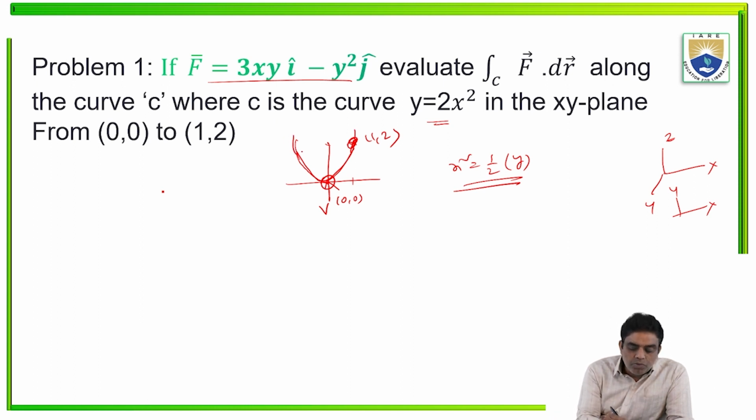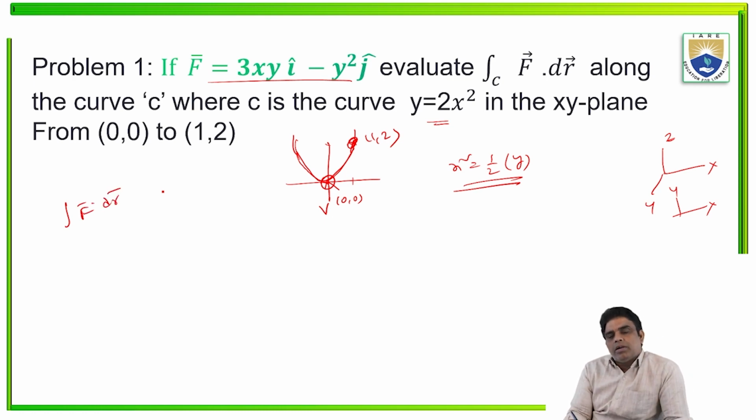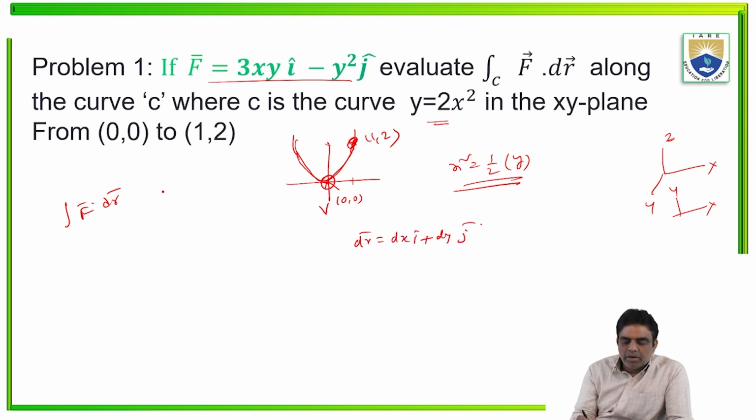Now what we have to calculate is the integral of f bar dot dr bar. The given function is f bar equal to 3xy i bar minus y square j bar, and dr bar is dx i bar plus dy j bar.